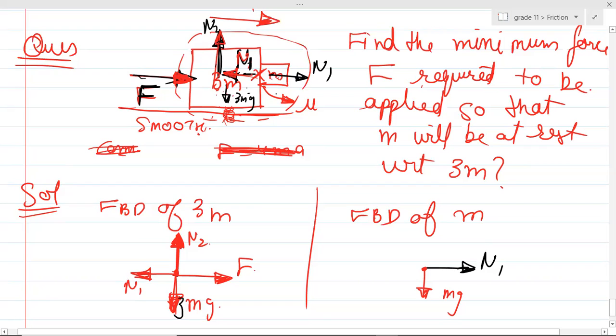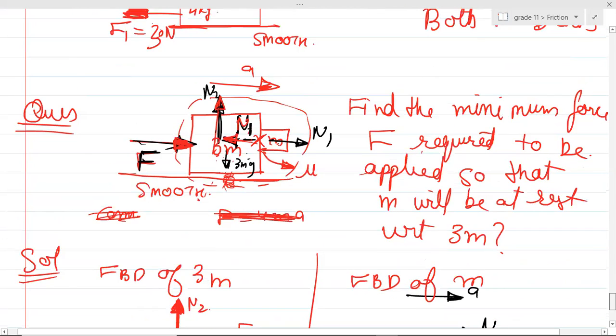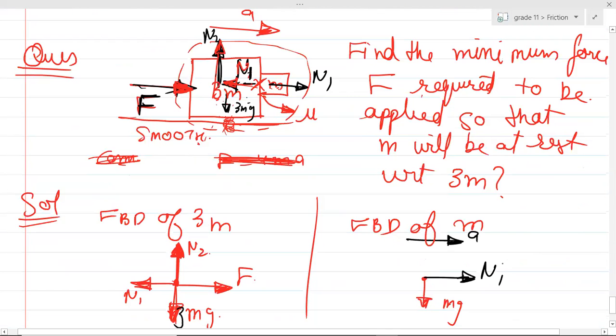There is friction acting on this, and this object is accelerating towards right with acceleration A, and this also is accelerating at A. We understood that N1 is providing the acceleration for it to move towards right. But what about friction? What about this mg? Is this mg balanced with anything? No, right? As of now, no.